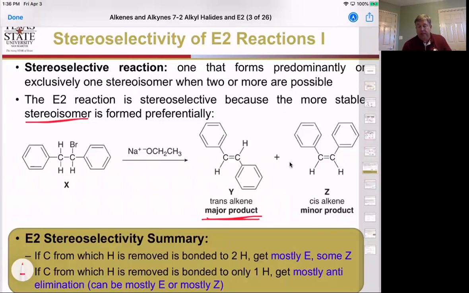The minor one is going to be the cis isomer, and it has everything to do with which hydrogen you pull off here depending on where these 2 big groups are, which will determine whether you get the E product or the Z product.